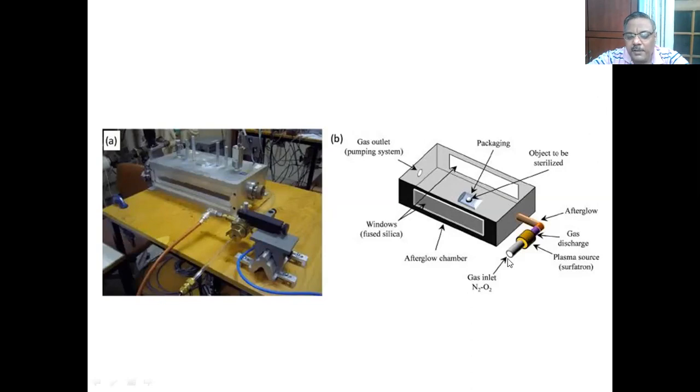There's a simple chamber, there's a gas flow, and from this gas flow a plasma is created, and this plasma goes through the chamber, and ultimately there's an outlet. In the chamber, you can have your luggage placed for some time. That time depends on the size of the luggage, the plasma density, and the factors that we discussed previously. So a definite time can be calculated, and the luggage should be exposed for that time.